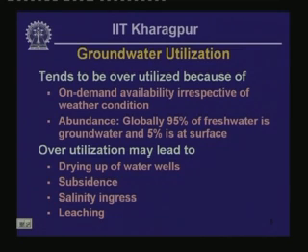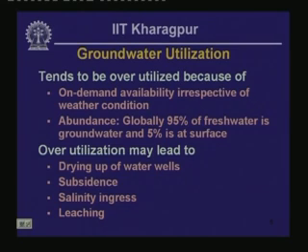And if you overutilize groundwater resource, what that could cause is drying up of water wells, subsidence, salinity of soil, and leaching of harmful chemicals in some instances from the soil into the surrounding groundwater.